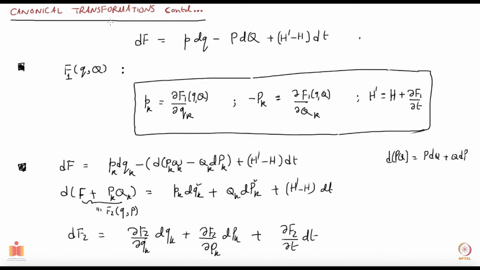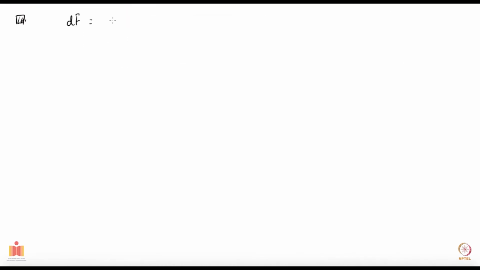So I'll go here, and again my df, if you go back, p dq I had here, I can write as d of pq minus q dp.